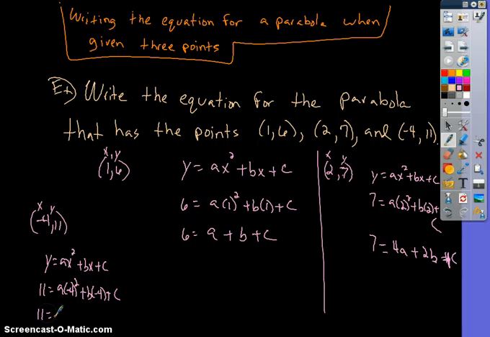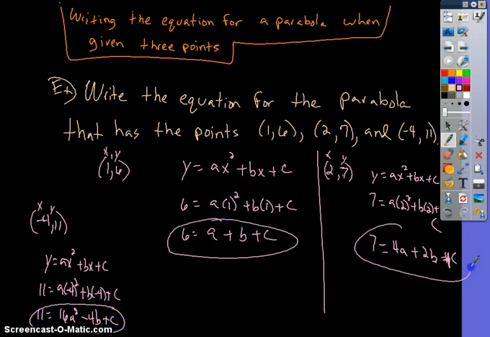So 11 equals 16a minus 4b plus c. So I got one equation, a second equation, and a third equation, and those are the 3 equations you need to actually solve it.